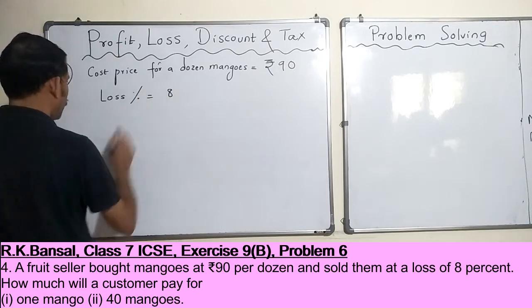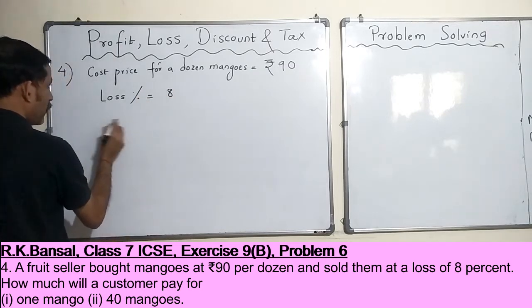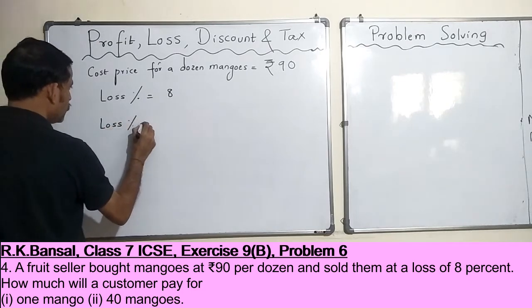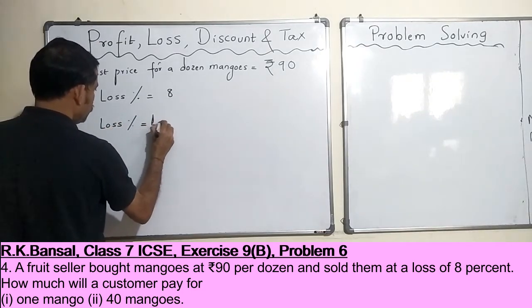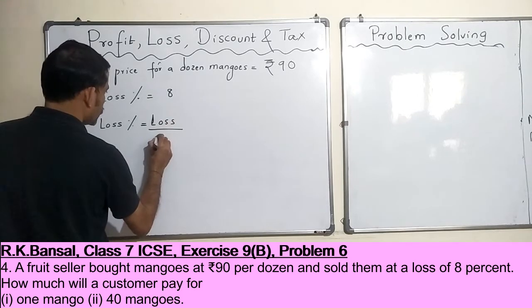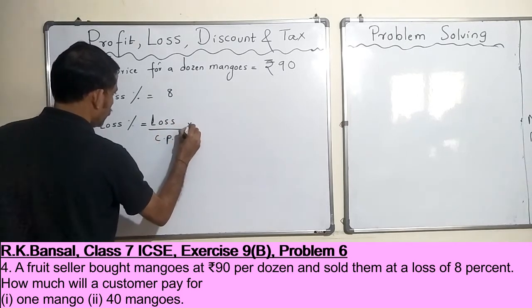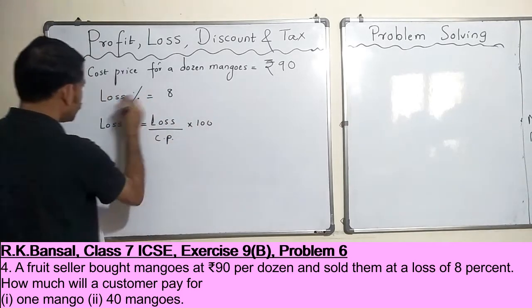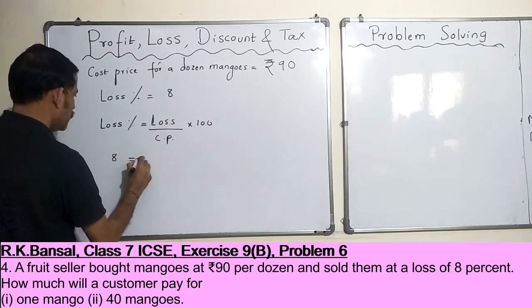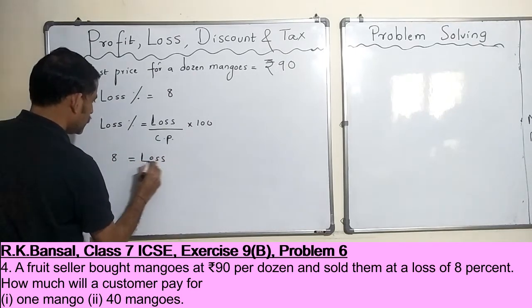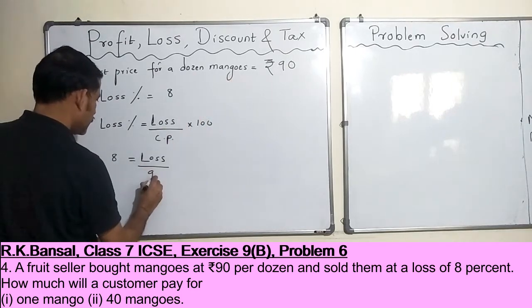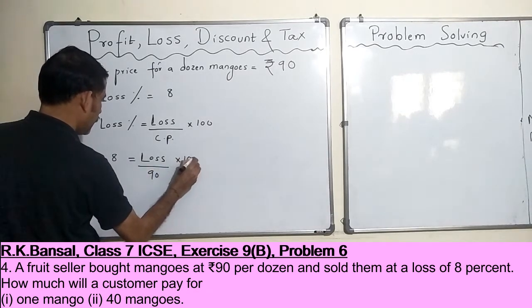Now we know the formula for loss percent. Loss percent is equal to loss by cost price into 100. Let's substitute the values. So 8 is equal to, I don't know what the loss is, but I know the cost price, into 100.